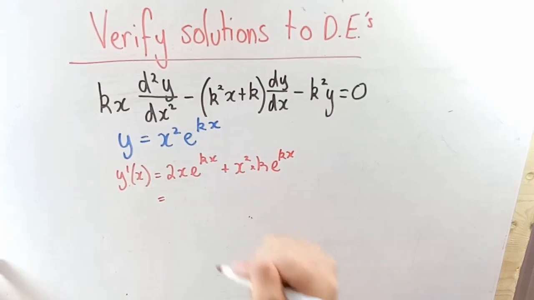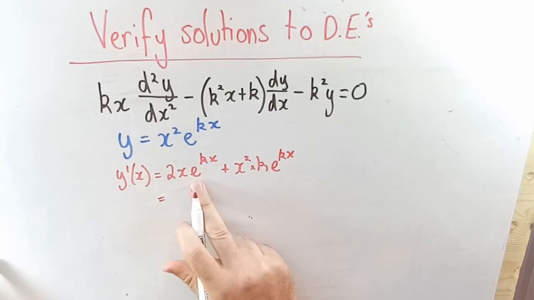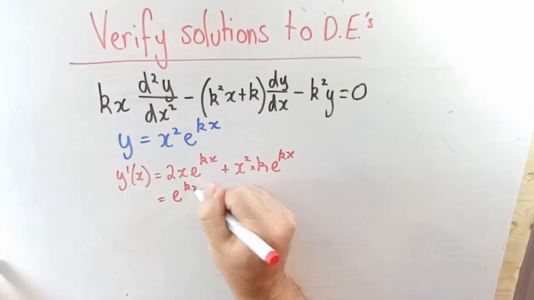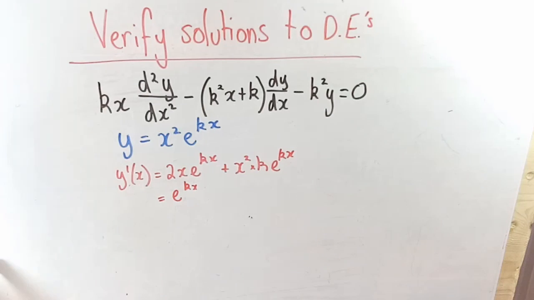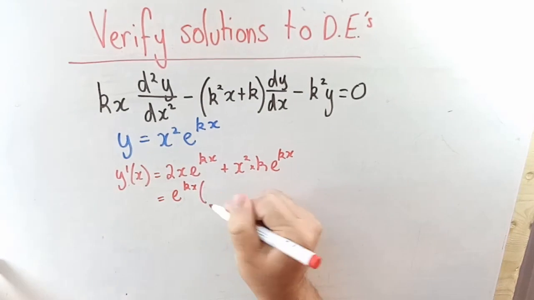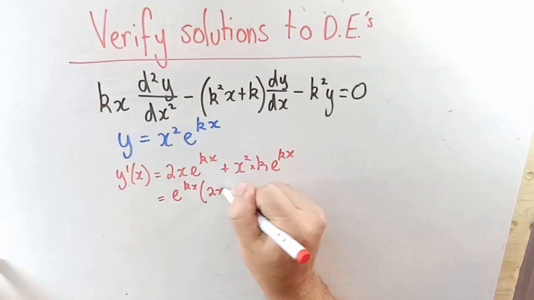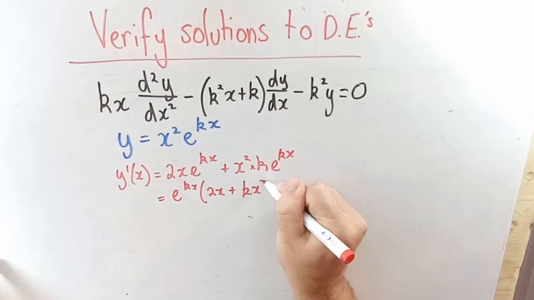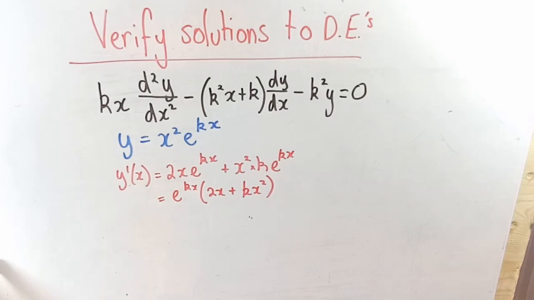We could simplify that a little if we take out the e to the kx: e to the kx, with 2x left over, plus kx squared. All right, so there's our first derivative.